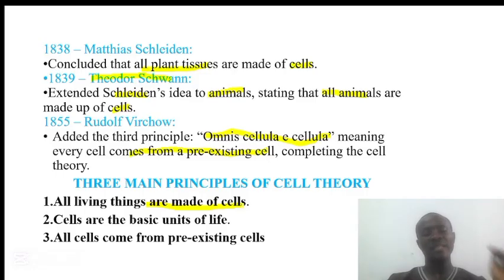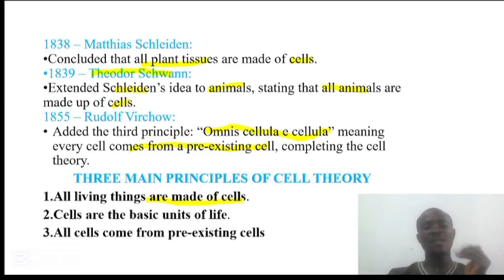That means they come from cells that existed before, not cells that are dead, because there was a debate among scientists. Some were claiming that living organisms came from non-living matter, and others stated that living organisms came from something that was living, not something that is dead.